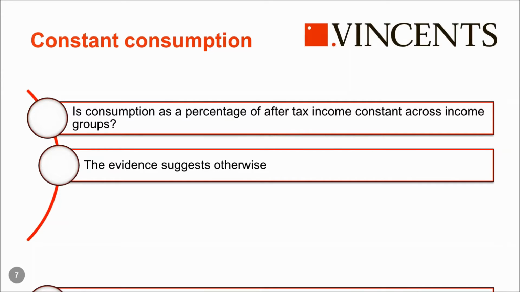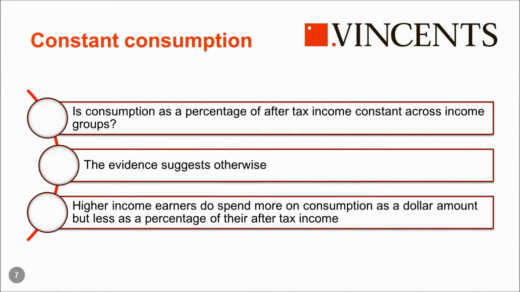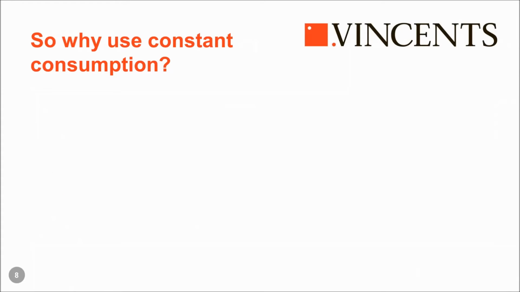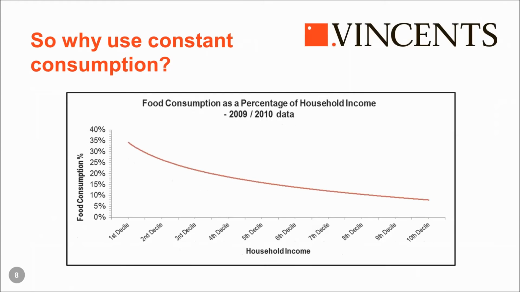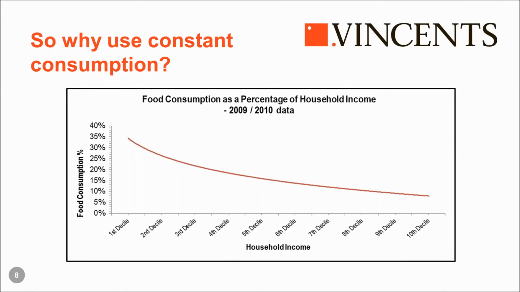And what it shows is that, yes, higher income earners do spend more on consumption as a dollar figure, but they actually spend less as a percentage of their after-tax income. So the best example probably is exactly food. And this is what the Australian Bureau of Statistics figures show with regards to food consumption as a percentage of household income.